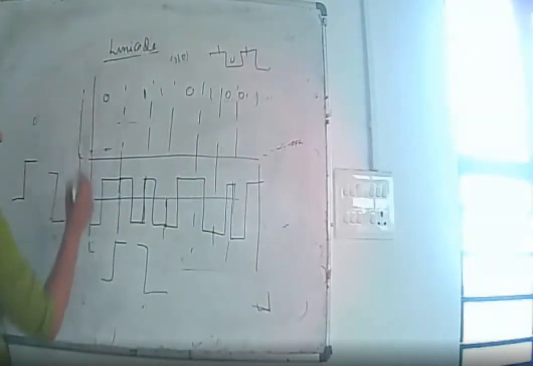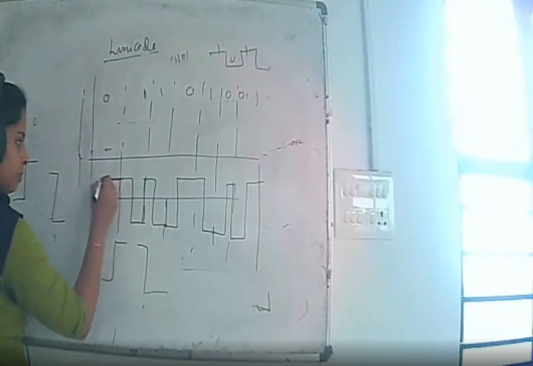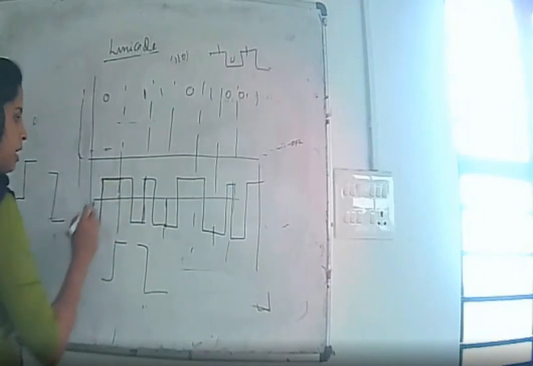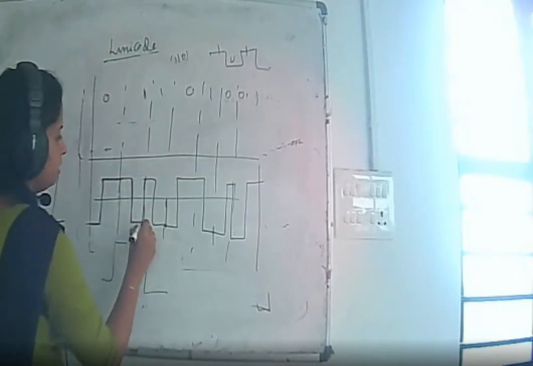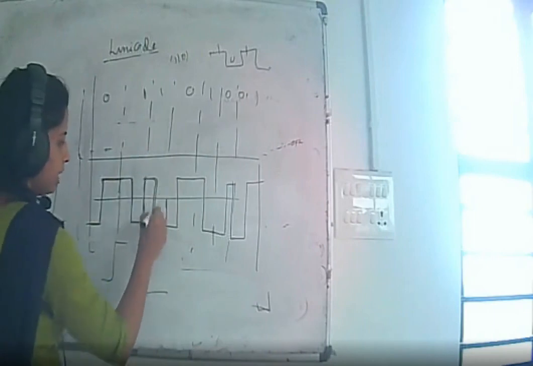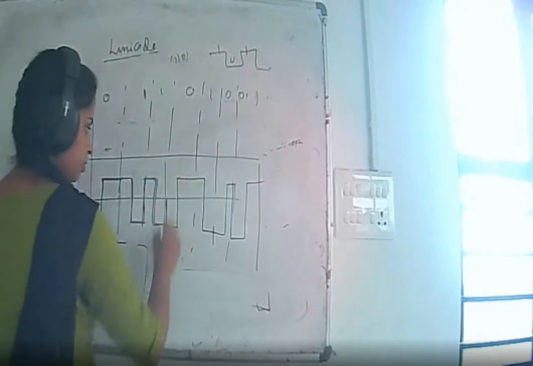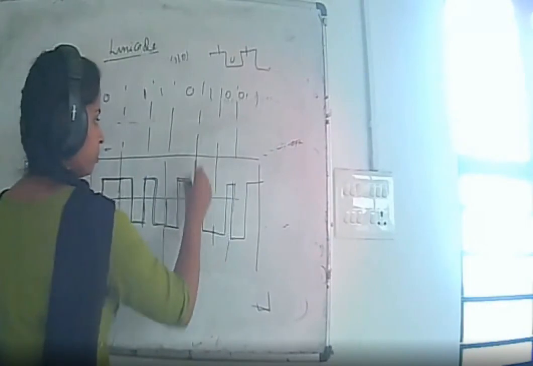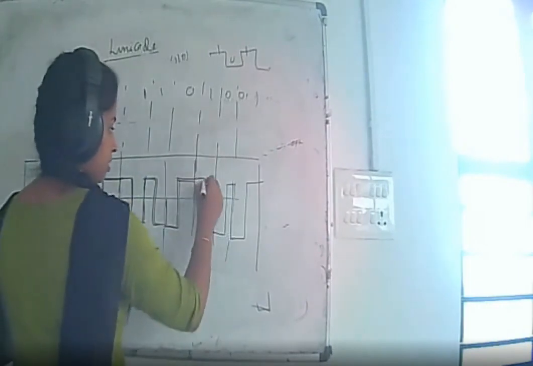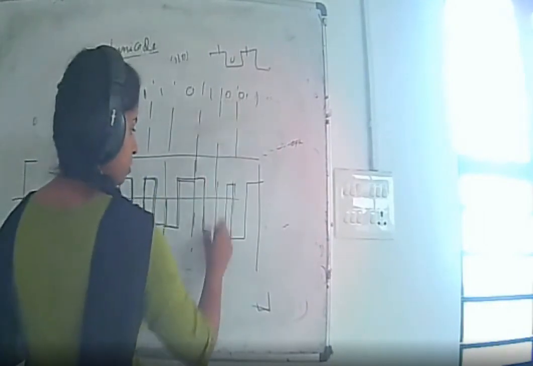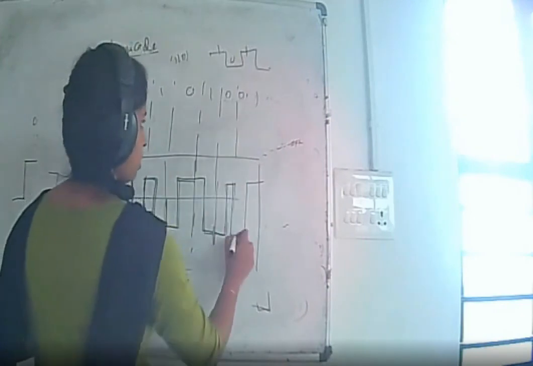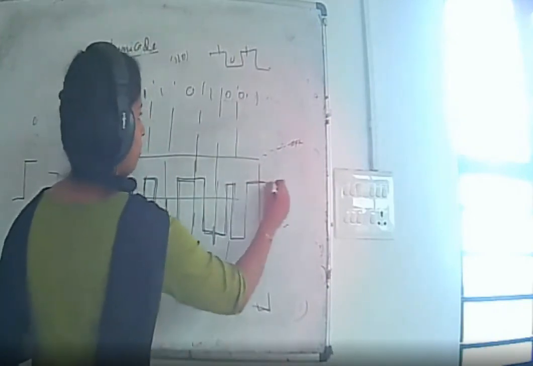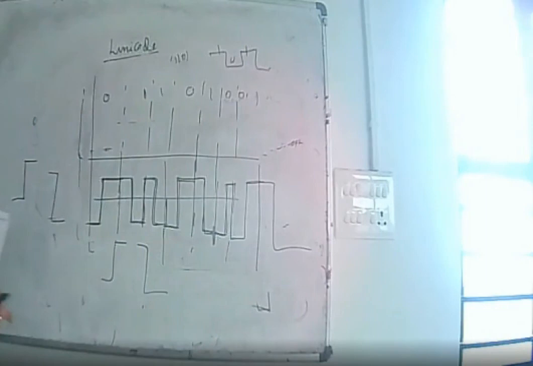That is, if it is symbol 0 the transmission will be like this, and if 1, like this, again 1, so like this, so 0 followed by 0, and again 1, 0, 0, and again 1. Is that clear? This is Manchester coding.